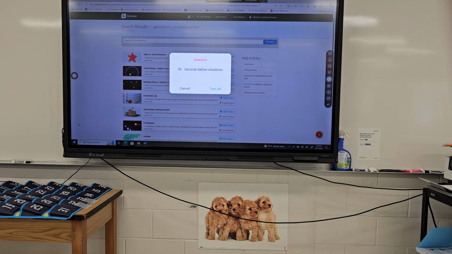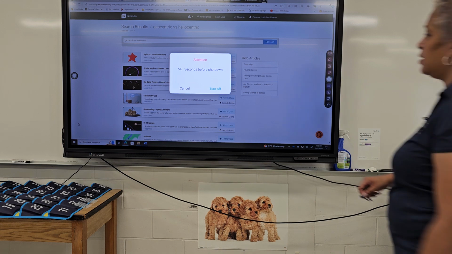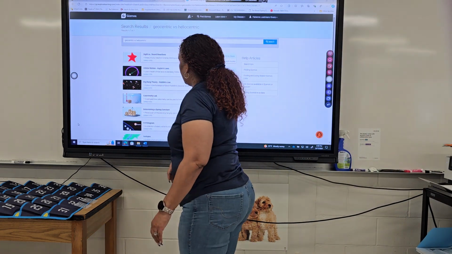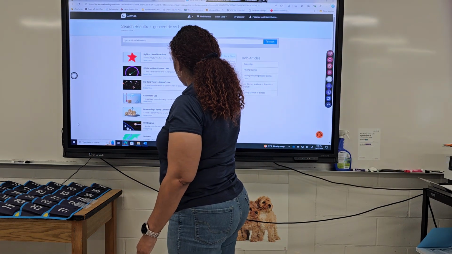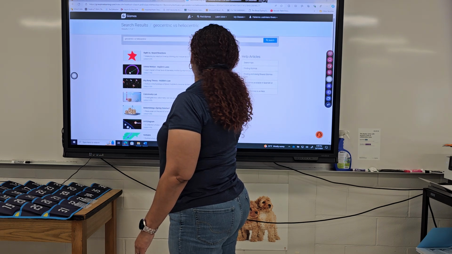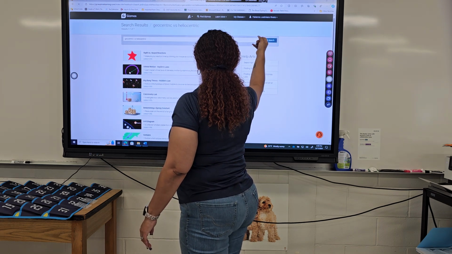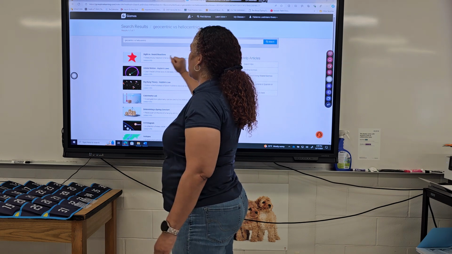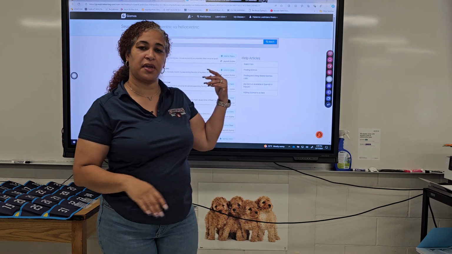I don't know that we actually have a geocentric versus heliocentric model. And we don't, sadly. So we'll talk about it without using this.